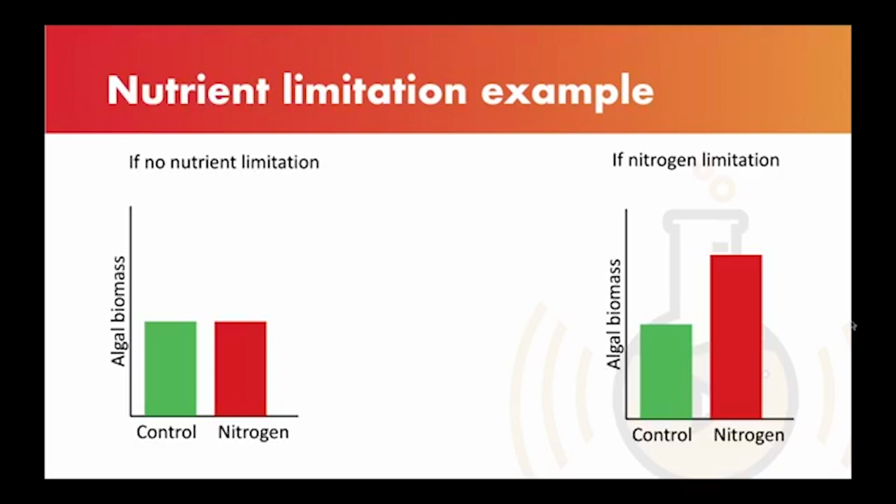We expect to get algae on all disks, on control disks, on disks that have the nitrogen added to them, and disks that have the phosphorus added to them. But we expect when nutrient limitation occurs, we will see more algal growth on the nutrient treatments relative to the control.